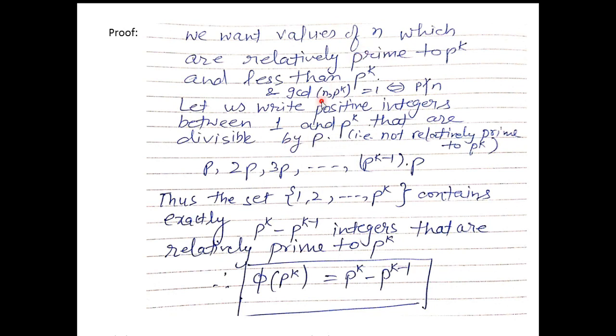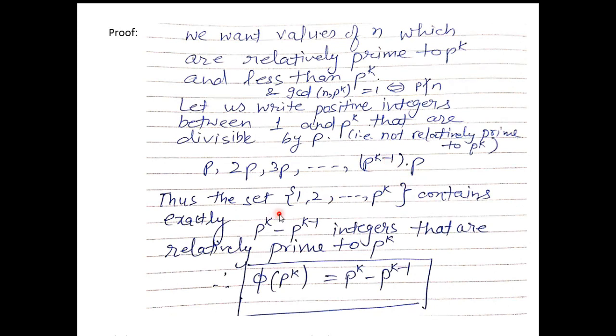Here n and p to the power k are relatively prime if and only if p does not divide n. So let us collect all those numbers which are divisible by p, that is, not relatively prime to p to the power k. Those numbers are p, 2p, 3p and so on up to p to the power k minus 1 into p.